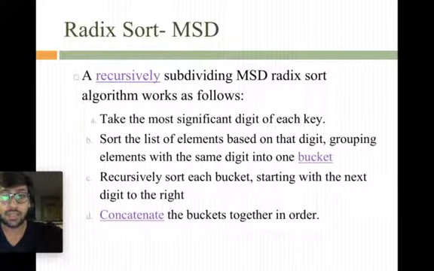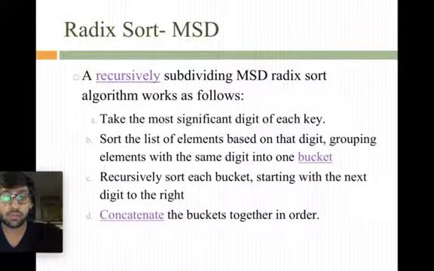Now, the radix sort most significant digit algorithm. It is basically a recursively subdividing algorithm, and the algorithm can be explained as follows. First, take the most significant digit of each key, sort the elements based on that digit, grouping elements with the same digit into one bucket. So we'll have buckets with the same most significant digit.